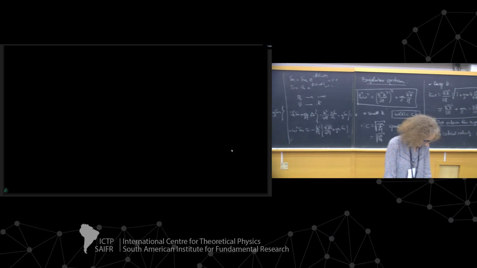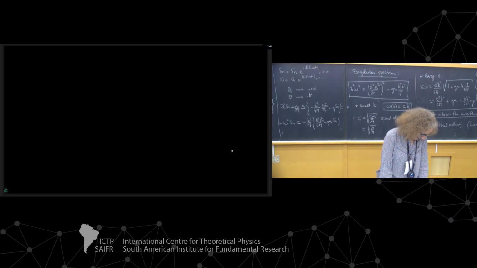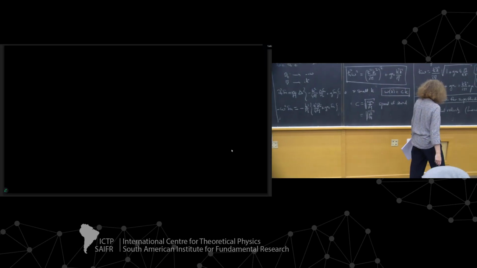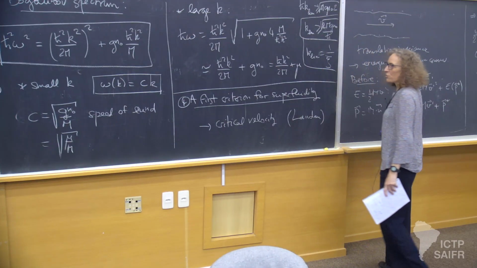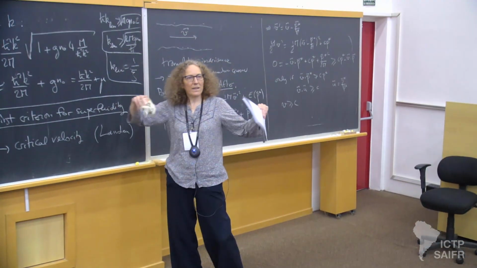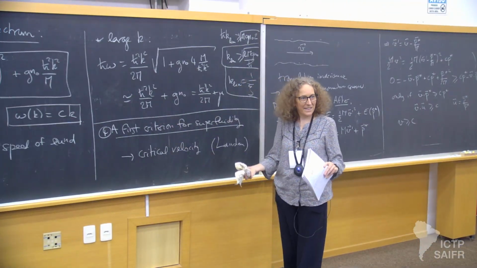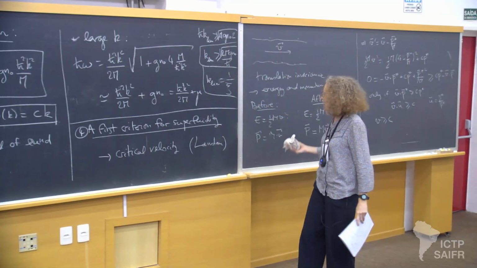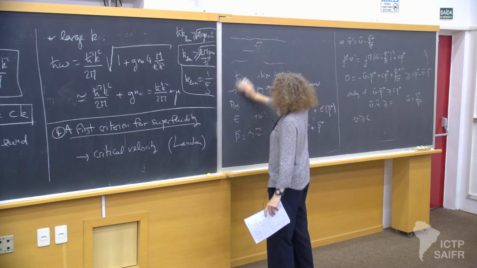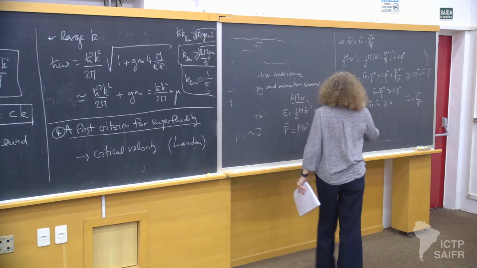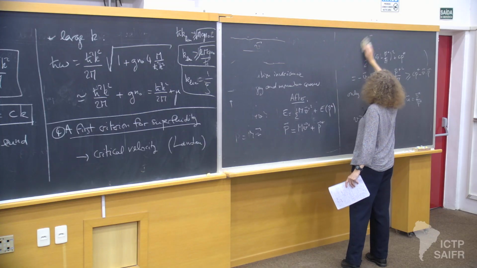And now I would like to discuss another kind of excitation, still in the homogeneous case, which is not described by this wave. Here I have restricted myself to some excitations which are kind of wave-like. This is not always the case.